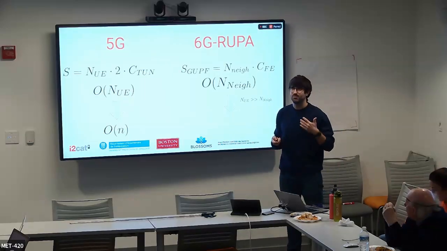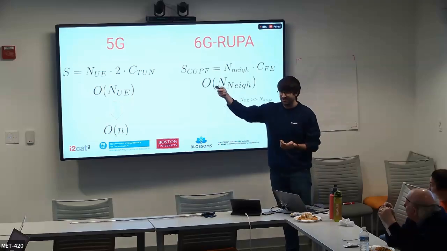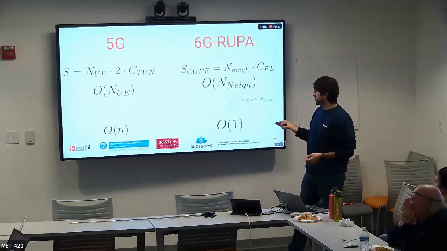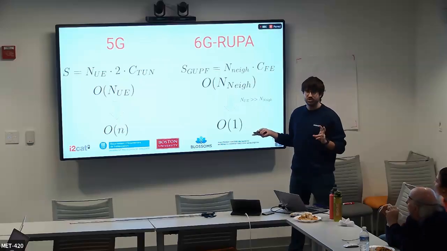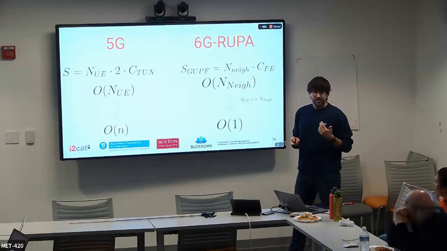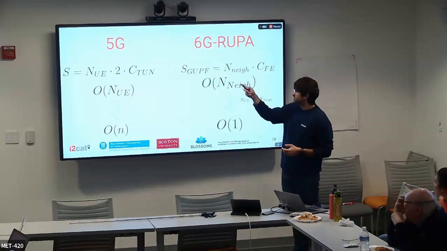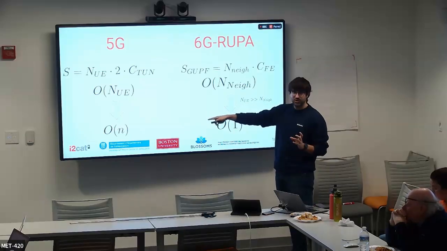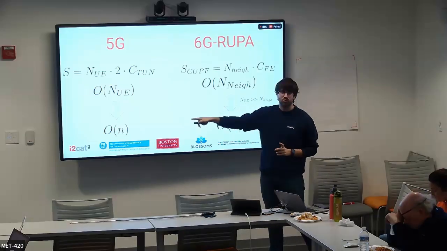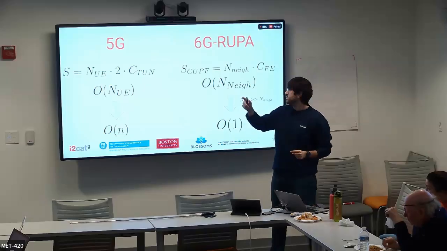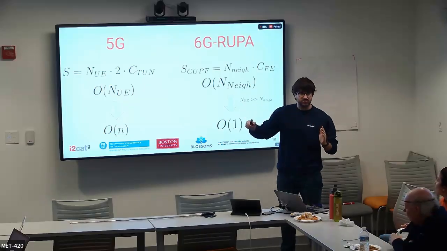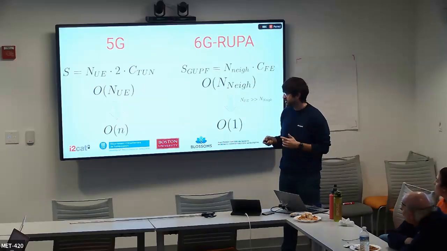There are many more mobile phones than antennas out there, right? So the complexity of the state function in big O notation is O(1). Essentially, the state information you need to do the same function grows linearly here, and here it just stays constant with the number of users.